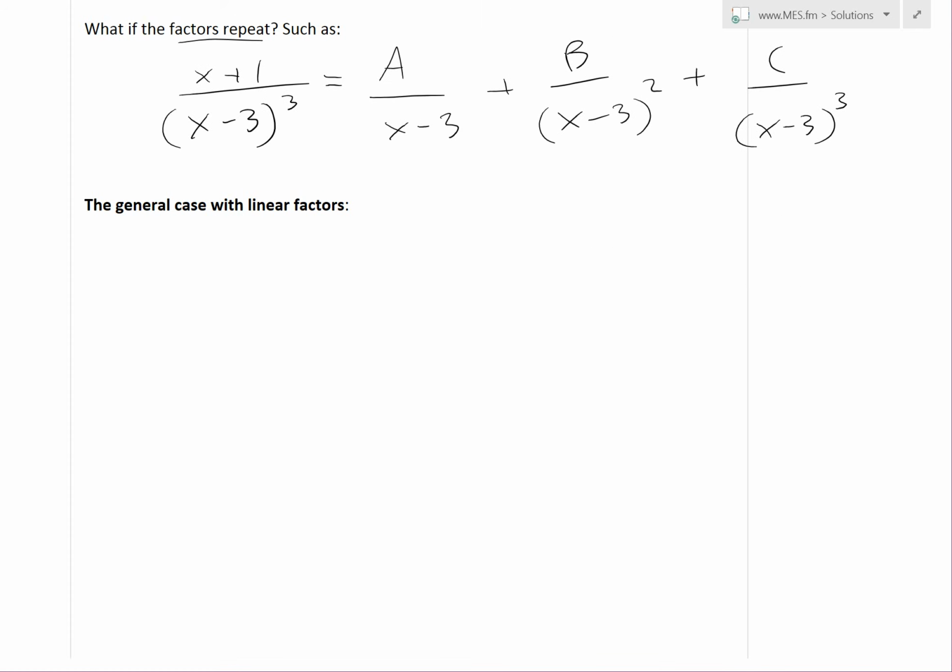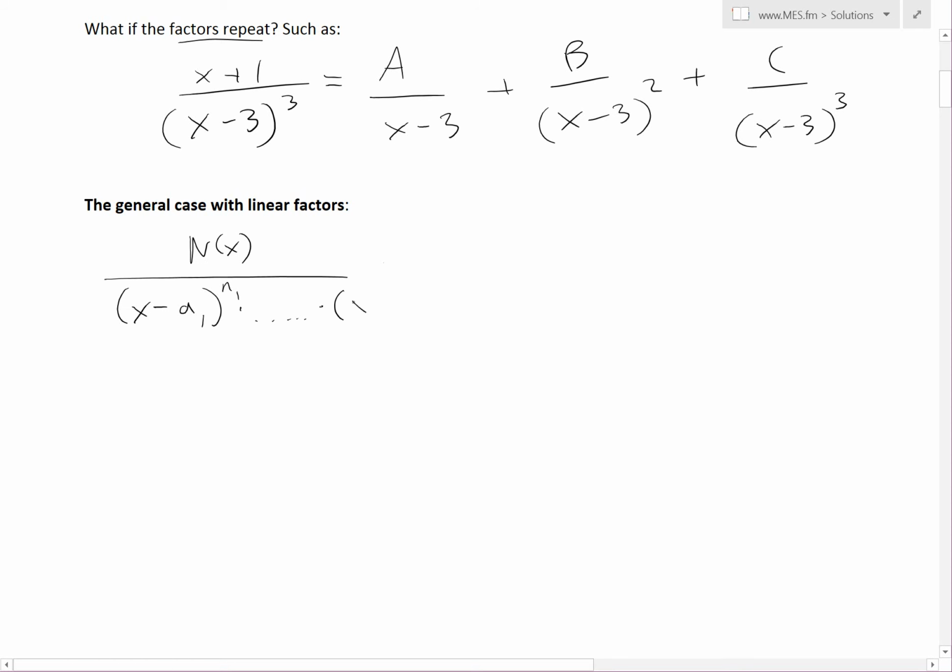So if we were to write this out in the most general way we can, the general case with linear factors, including repeating factors, we would write it as n of x over x minus a1 to the power of n1, times it by, and we keep going on and on until we get x minus ad to the power of nd.